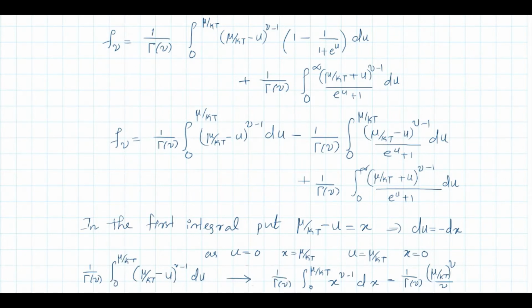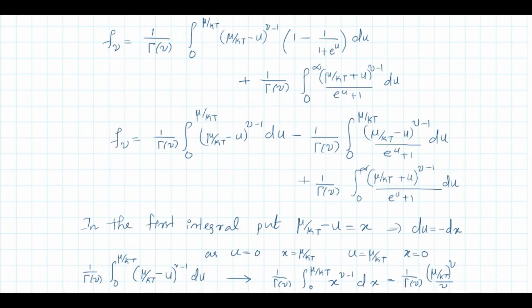Actually the limits will be mu by kt to 0, but here instead of du we have a minus dx. So that minus sign can be used to interchange these limits. So that will be again 0 to mu by kt. So when you substitute for u equal to 0, you will get x as mu by kt. So this limit 0 to mu by kt will be actually mu by kt to 0. But this will be minus dx. You can incorporate that minus to interchange these limits.